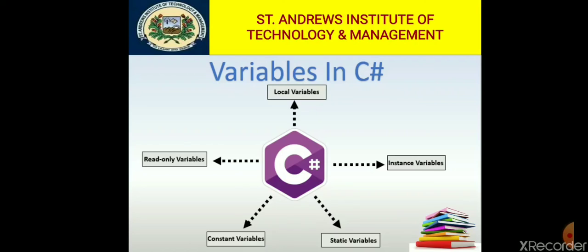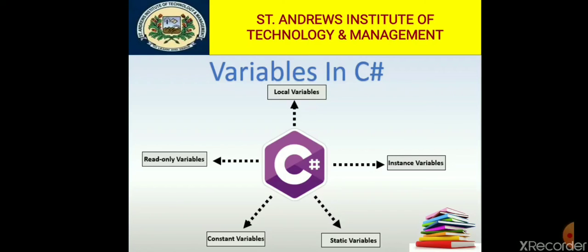These variables are accessible from anywhere in the class in which they are defined. Static variables are declared with the static keyword. Before declaring static variables, we use the keyword static.